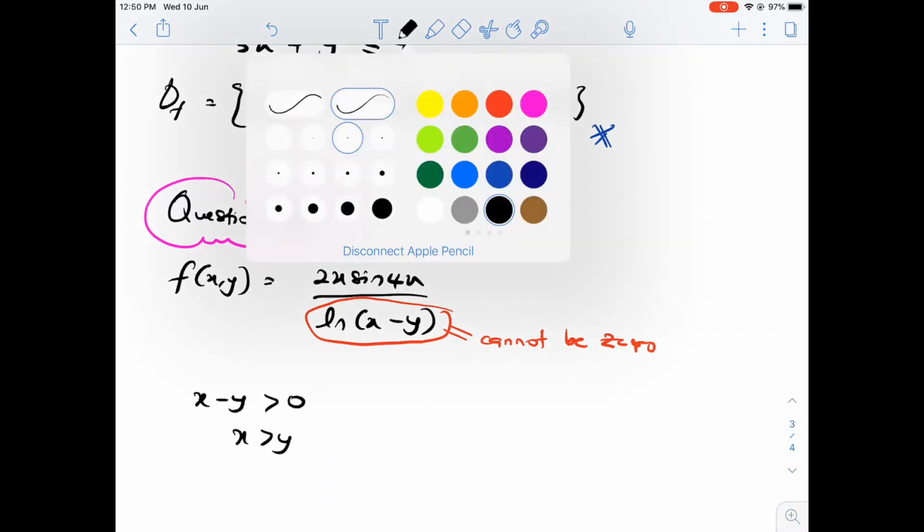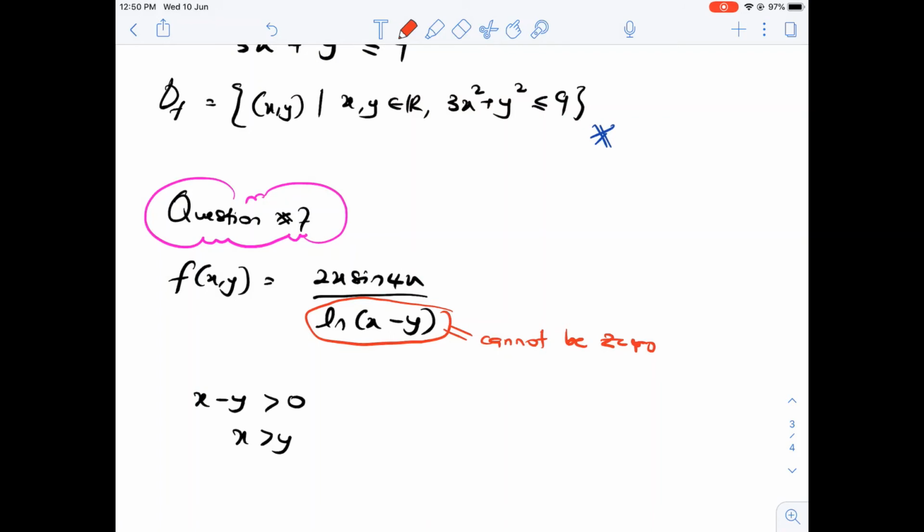And if we use a calculator, we know that ln 1 is equal to 0. So x minus y cannot be equal to 1. If x minus y equals 1, we will get ln 1. Therefore, x cannot be equal to 1 plus y.